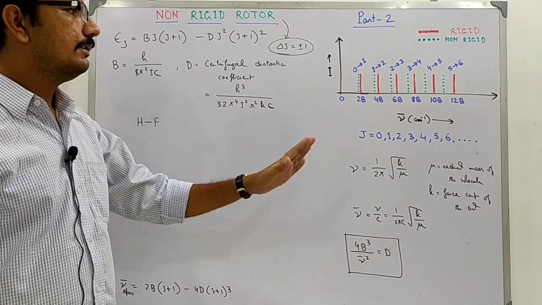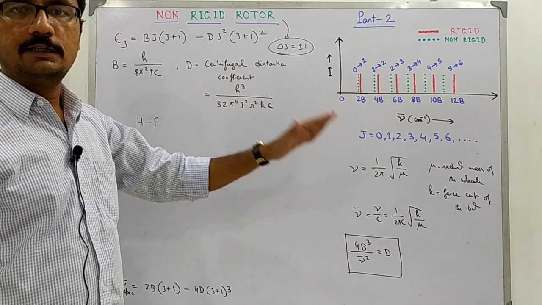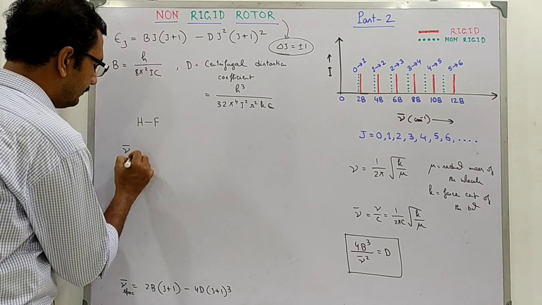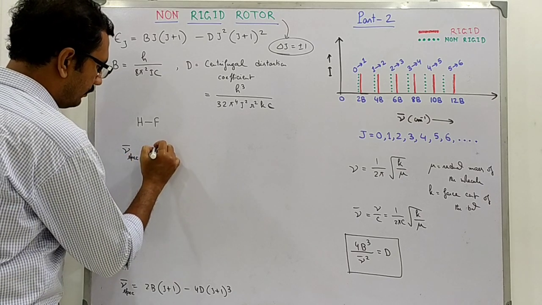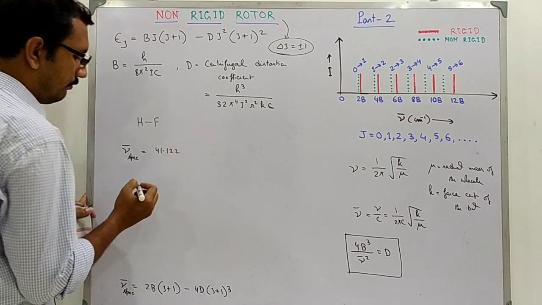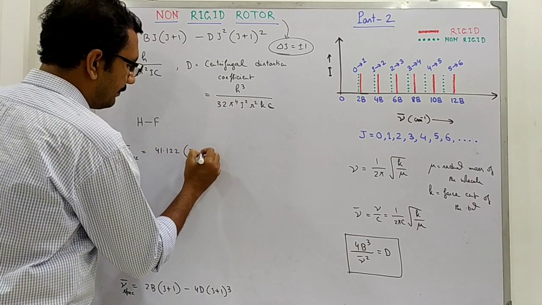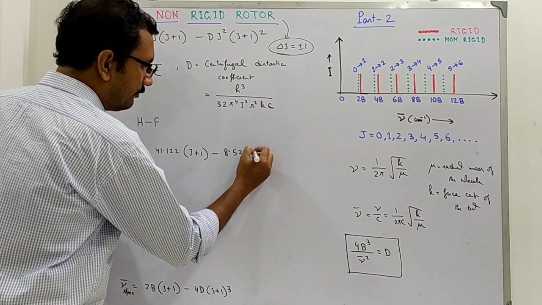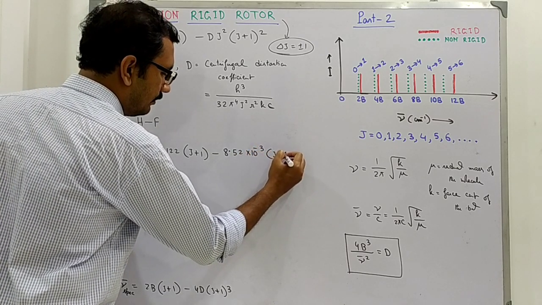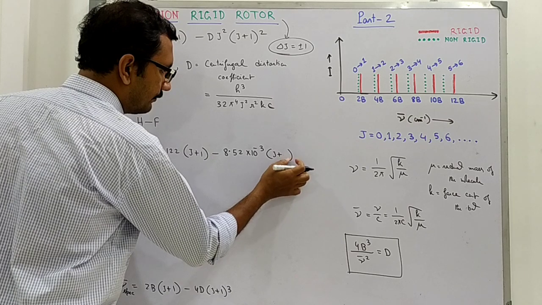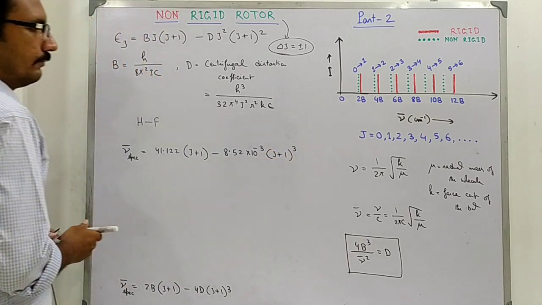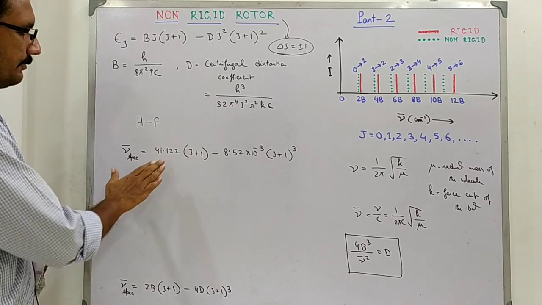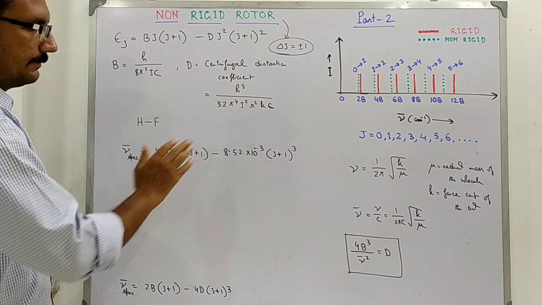So, from that data a fitting is carefully given, and that was obtained to be 41.122 into j plus 1 minus 8.52 into 10 to the power minus 3 into j plus 1 whole cube.